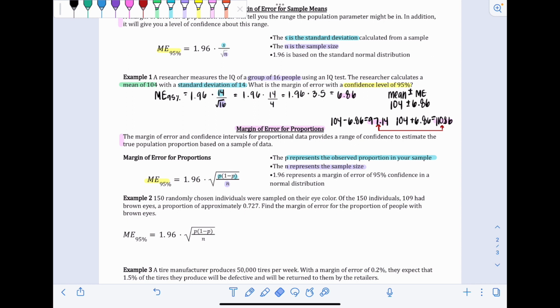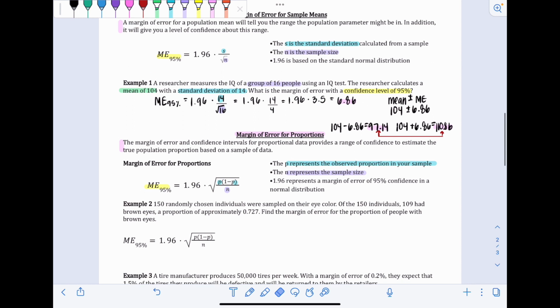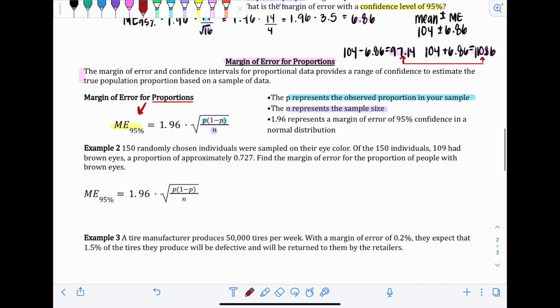So the first formula that we did up here, I know it says it in the title, is when we're given a sample mean. And this formula down here is going to be when we're given a proportion. I'm just going to underline the word proportion. And proportions will always be some number between 0 and 1, some sort of decimal, just like we have here.